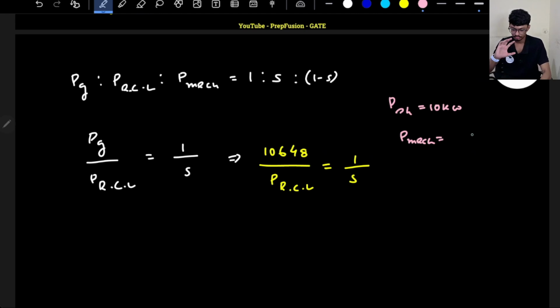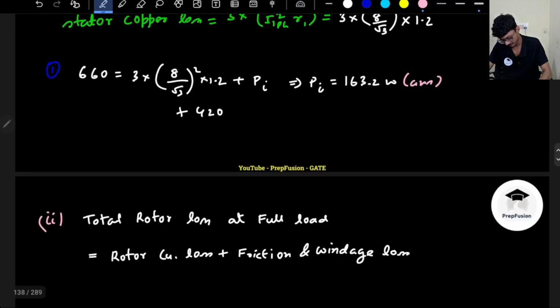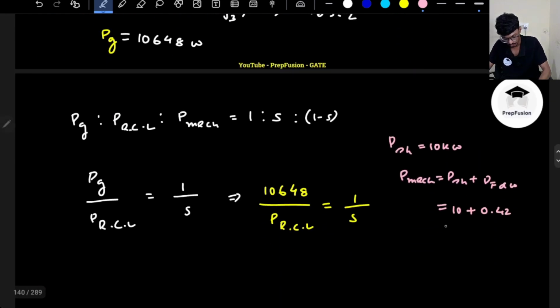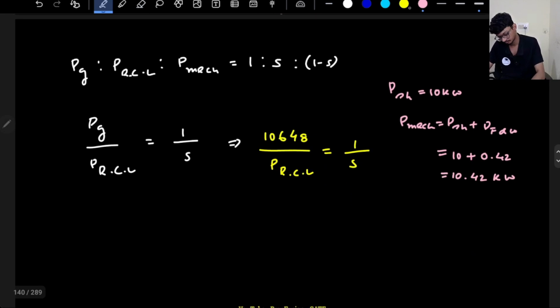It will be the shaft power plus the friction and windage losses, because that is an additional loss. So 10 kilowatt plus the friction and windage loss, which is 420 watts, so 0.42. This will be 10.42 kilowatts.